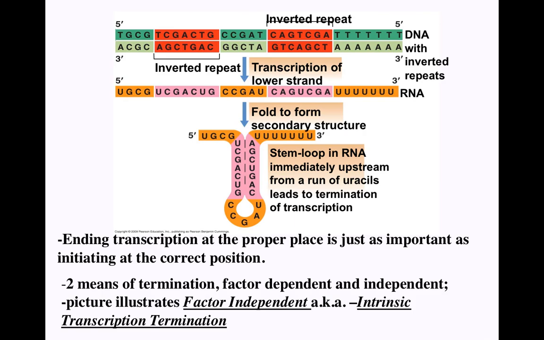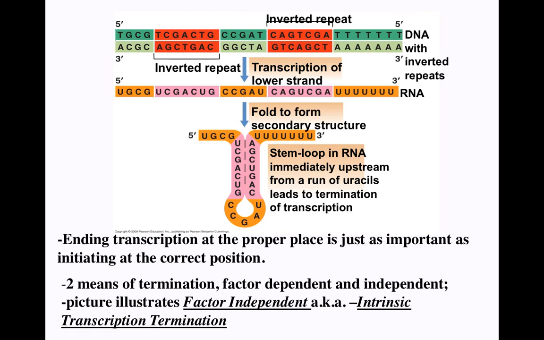So in bacteria, there are two forms or two flavors to transcriptional termination. These are known as factor-dependent and factor-independent. So these are the two general classifications. We're going to first talk about factor-independent transcriptional termination, which is sometimes referred to as intrinsic transcription termination.